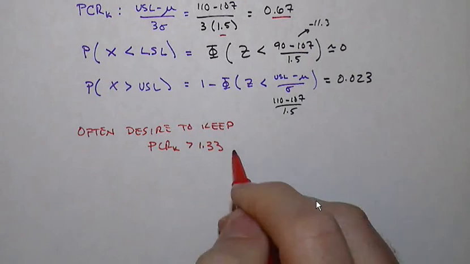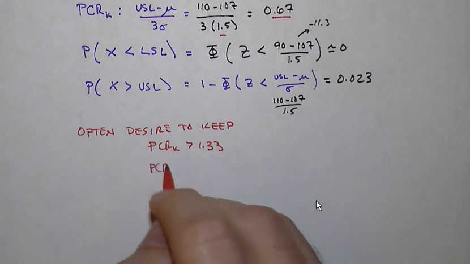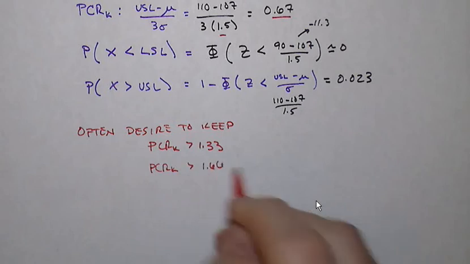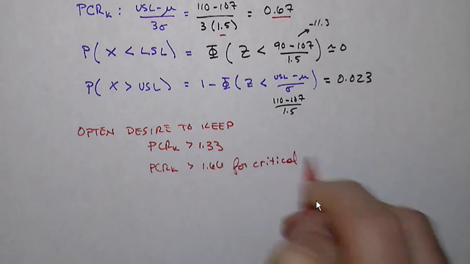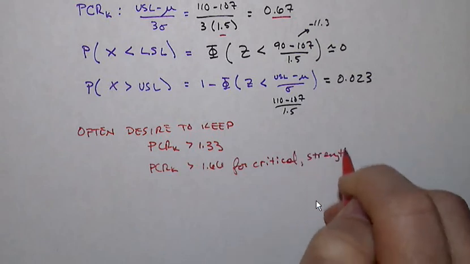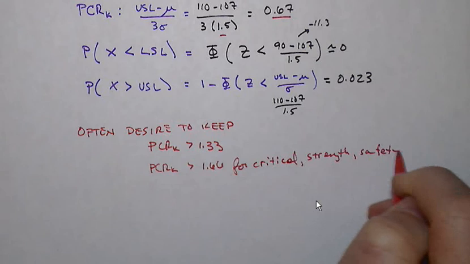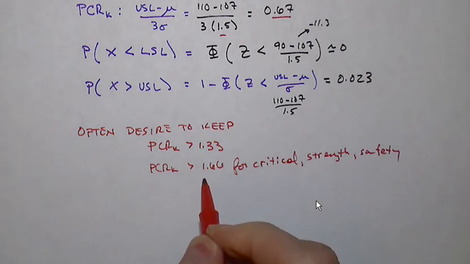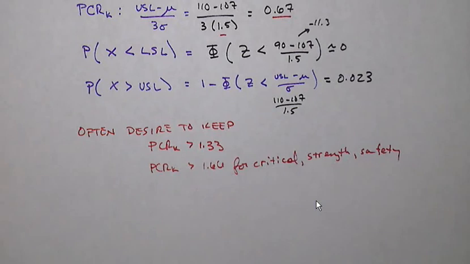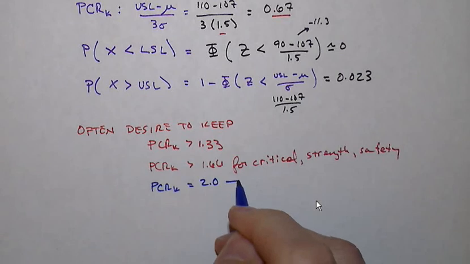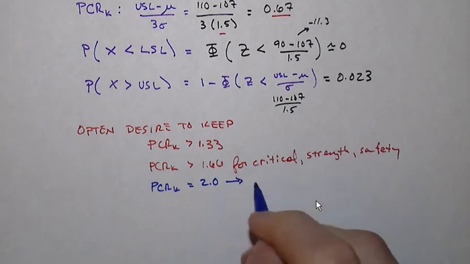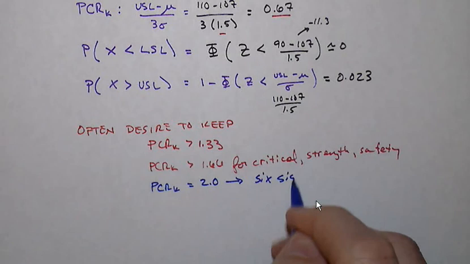Okay, and for situations that are a little bit more critical, or items that might be related to strength or safety kinds of issues, then it's common to have PCR sub k greater than 1.66. And even at the instance that you get it up to 2.0, then you have the special case of what we call having achieved the 6 sigma process.